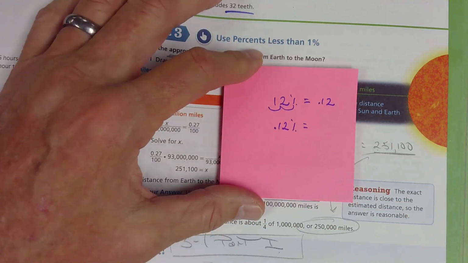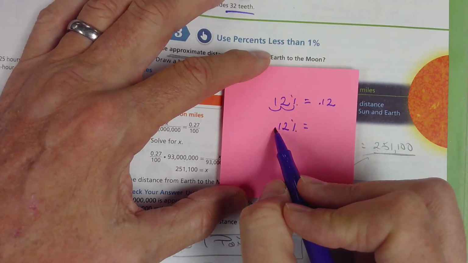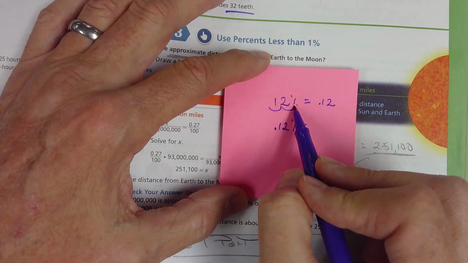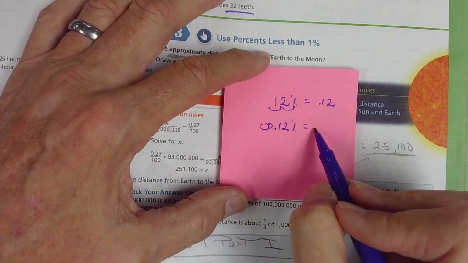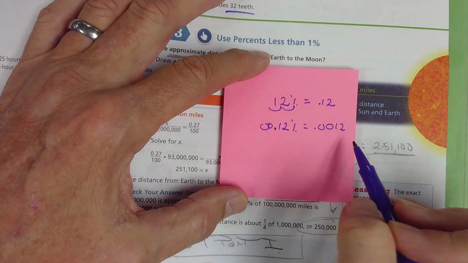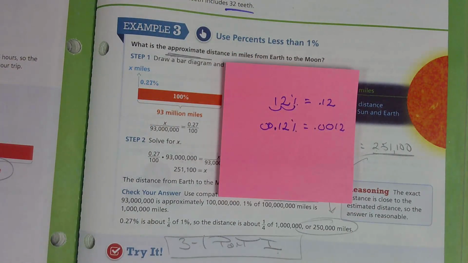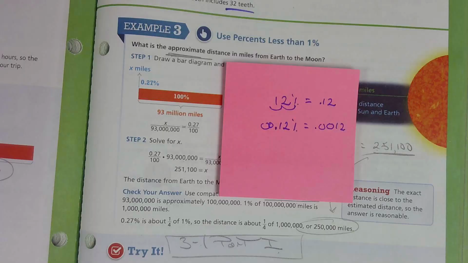What would you do? I saw your hand come up. I would just do the same thing. It just was 0.0012. Yeah, the decimal actually starts here. It wouldn't start where the percent is. So you're going to add 2 zeros. So it would be 0.0012. Okay? That's the same as 0.12%.